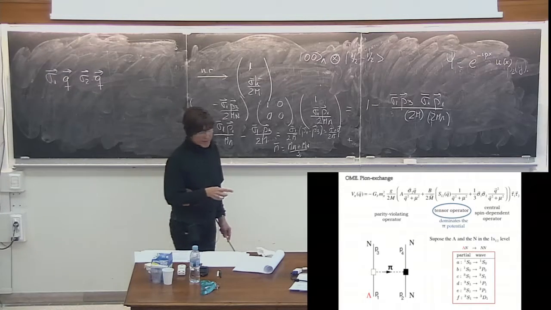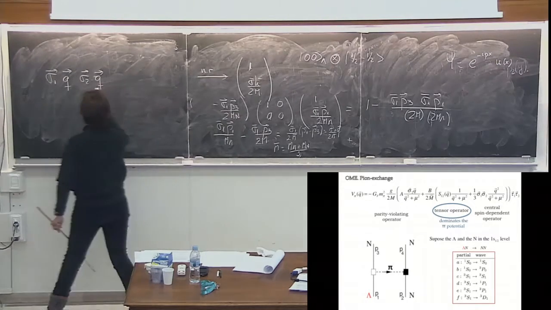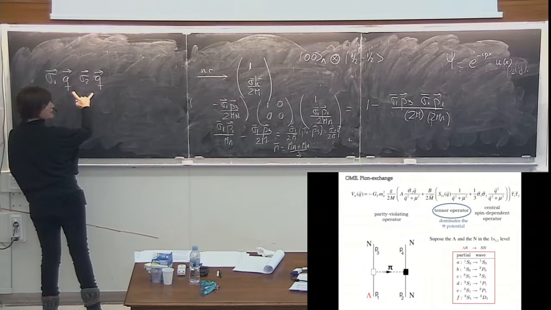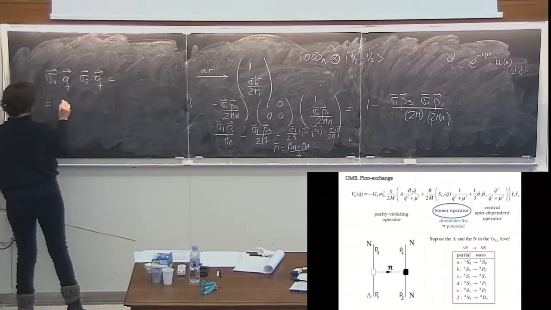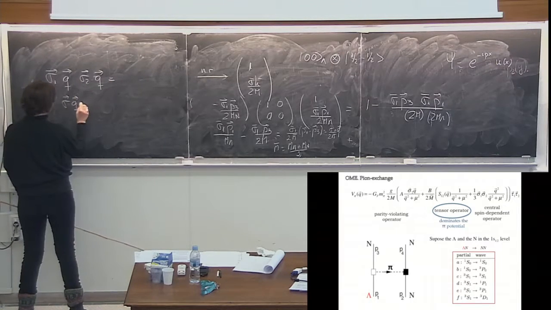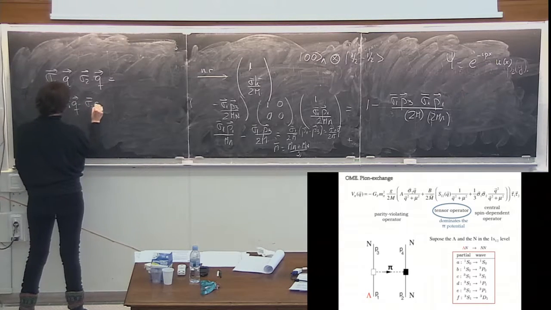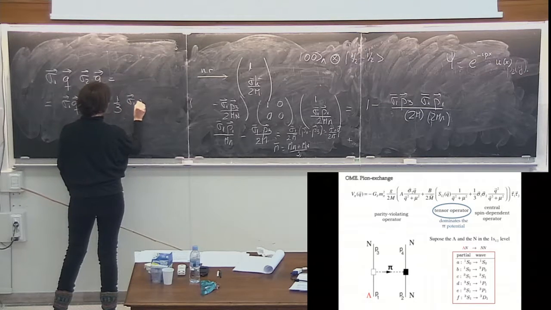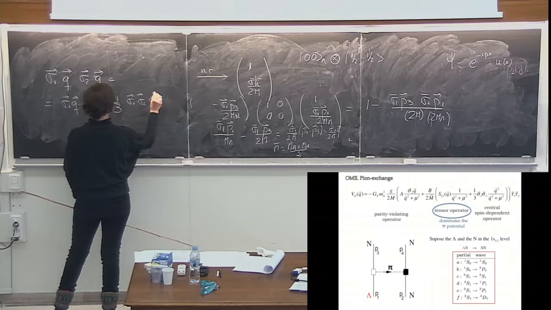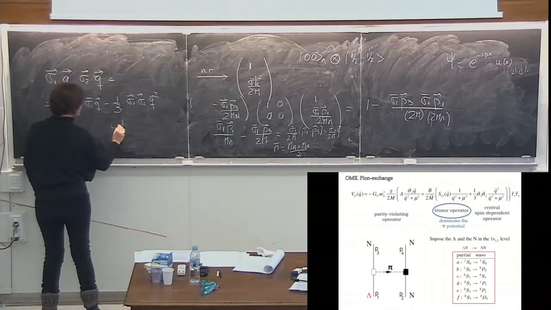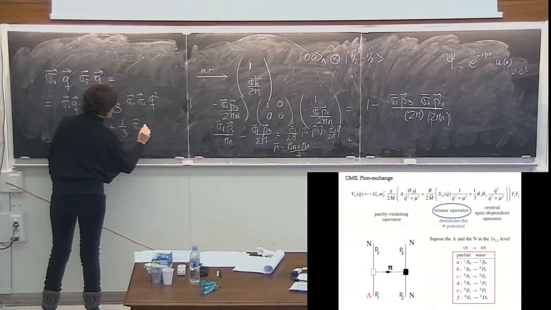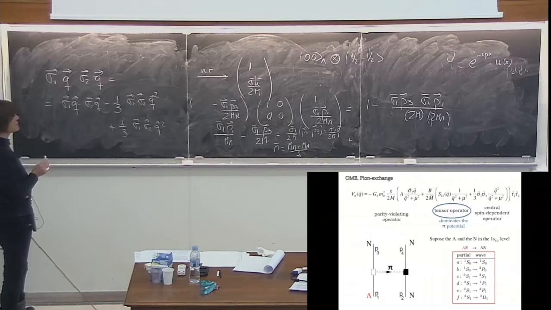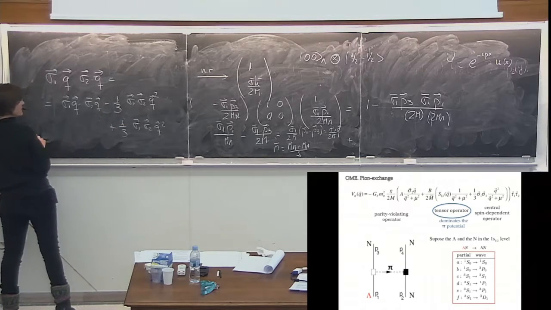Well, all these terms here, this is an operator that goes like q squared. If you take this operator and subtract this quantity, and I add this quantity, so you basically don't modify the expression, you add and subtract this quantity here.